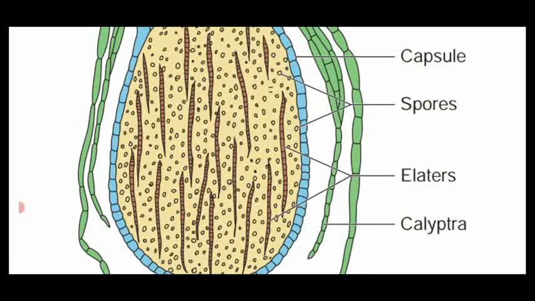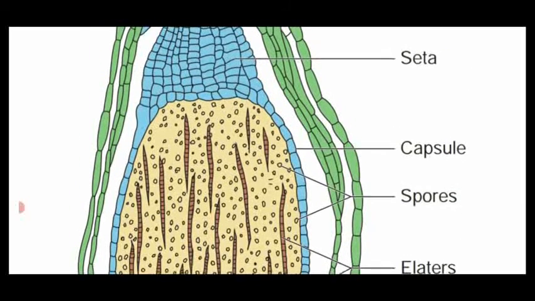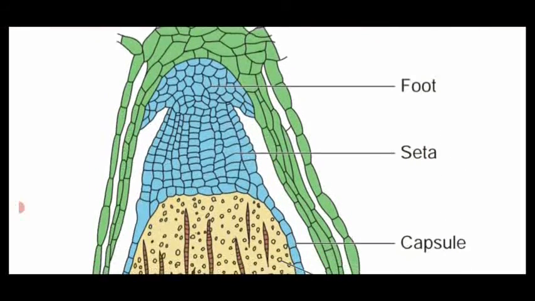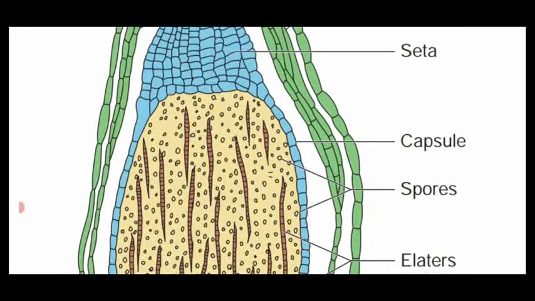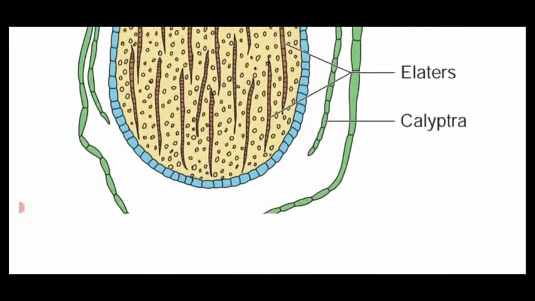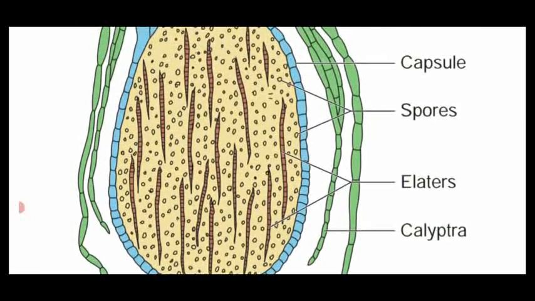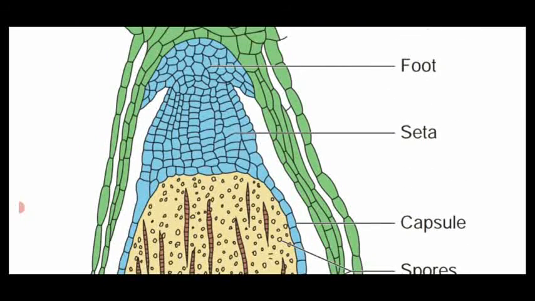During favorable conditions, the spores develop into a new Marchantia thallus. So Marchantia, showing a haploid gametophytic phase and a diploid sporophytic phase, shows the alternation of generation. Dear students, in this video we have seen vegetative reproduction in Marchantia, sexual reproduction in Marchantia, and the structure of sporophyte.